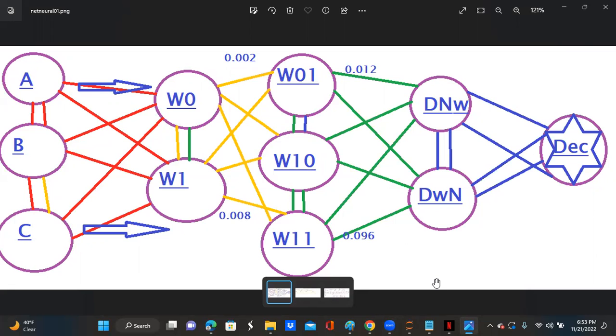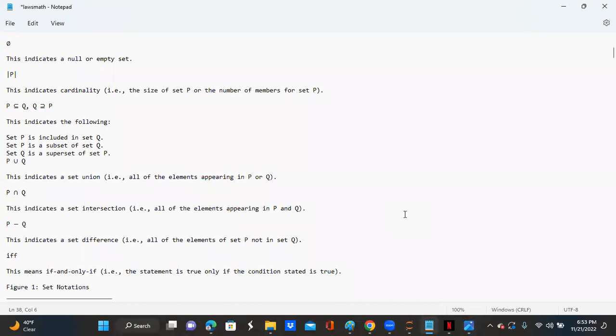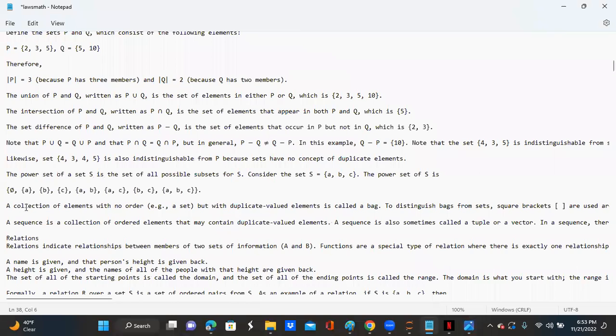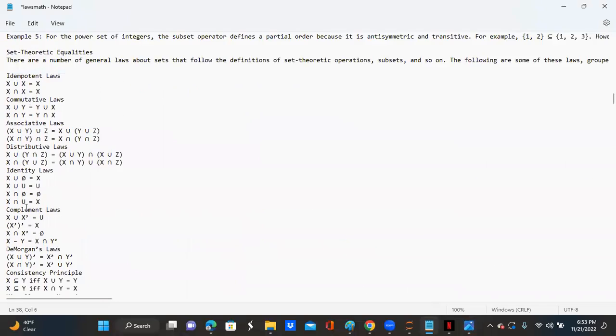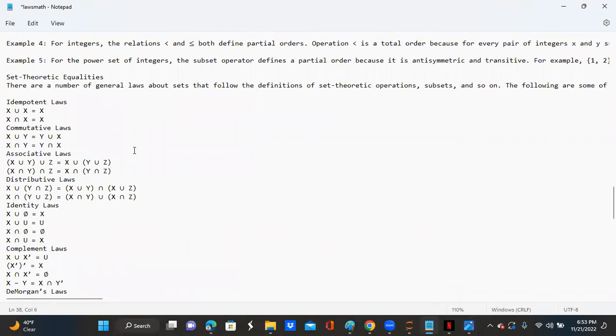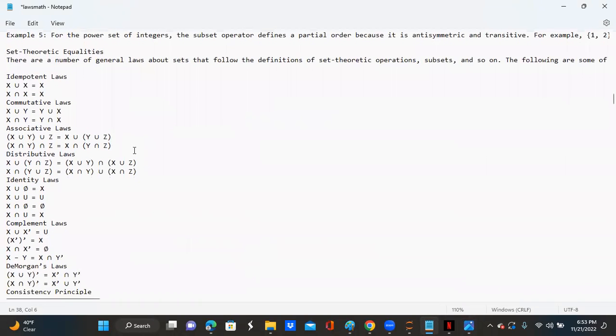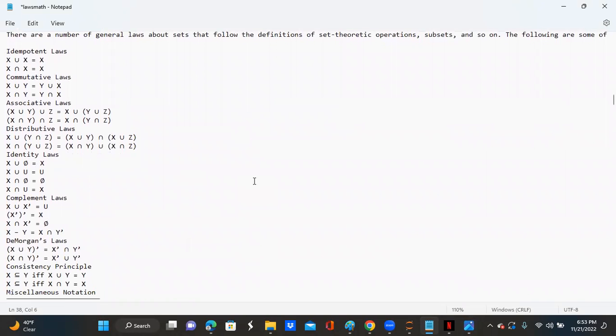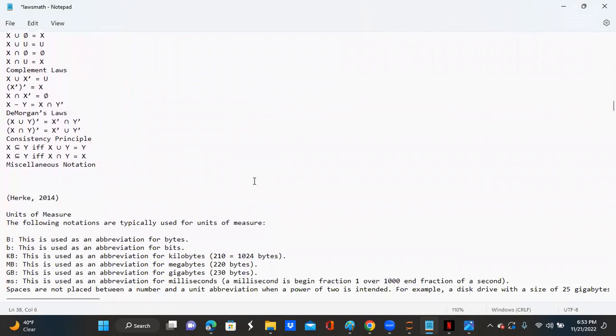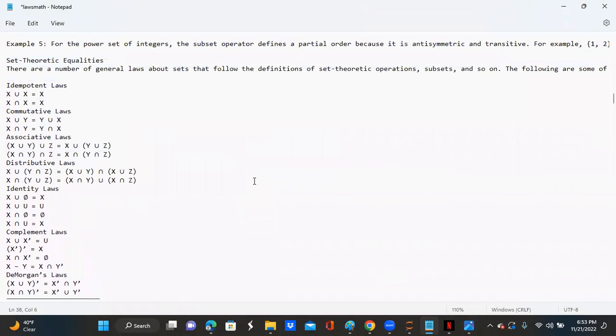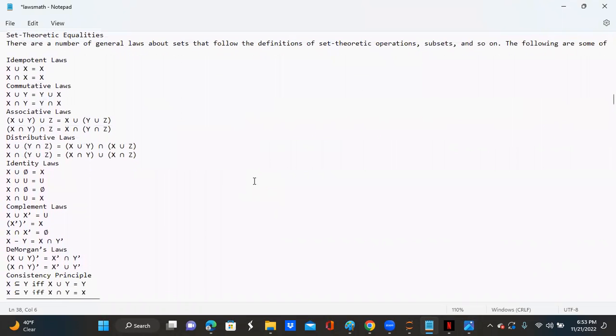So quickly, I'm going to hop into this real quickly. This was the laws I was just indicating here. These are laws that need to be followed regarding sets and set theoretic equalities.